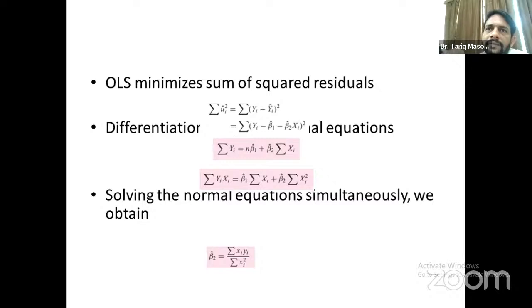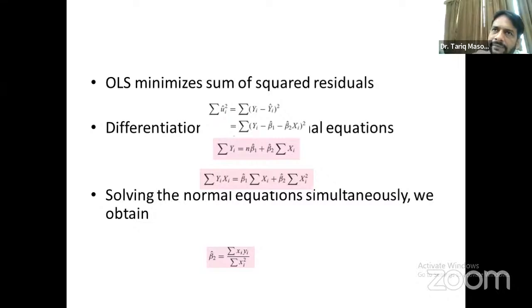So as we move towards large values, the square of large values is even larger. For that reason we use the square term, because we give more weight to the large values, and the ultimate purpose is to minimize the deviation.